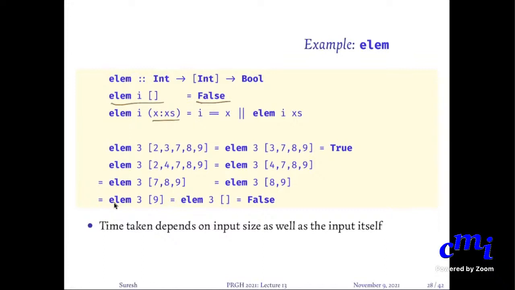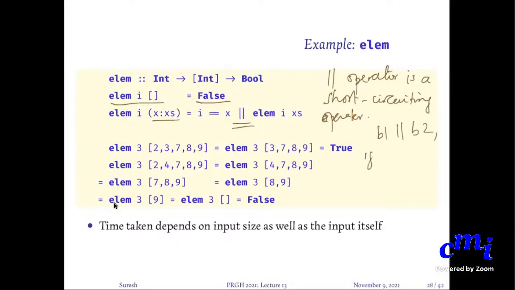And this relies on the fact that or is what is called a short circuiting operator. Meaning that if you want to do B1 or B2, if B1 is true, do not even evaluate B2.